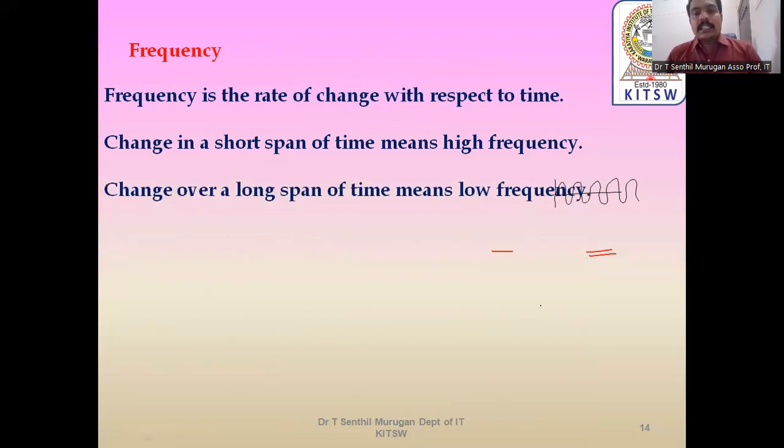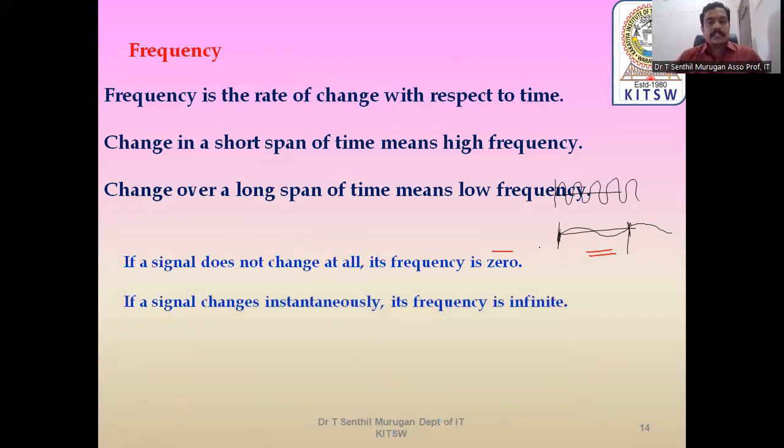If it is taking a long span of time, that means low frequency. What is the low frequency? Taking a long span. Okay, so this span is there, no? This is a long period. If you take that, it is called low frequency. If the signal does not change at all, the frequency is zero.